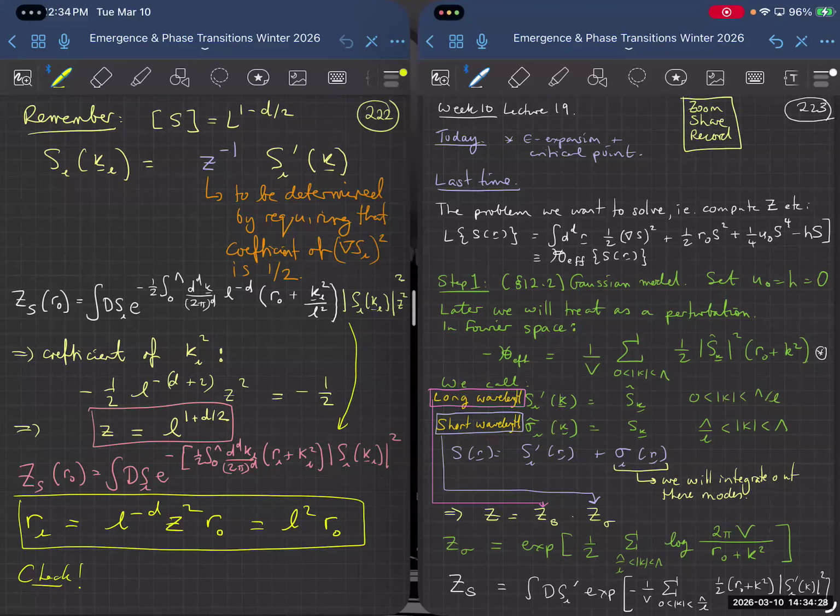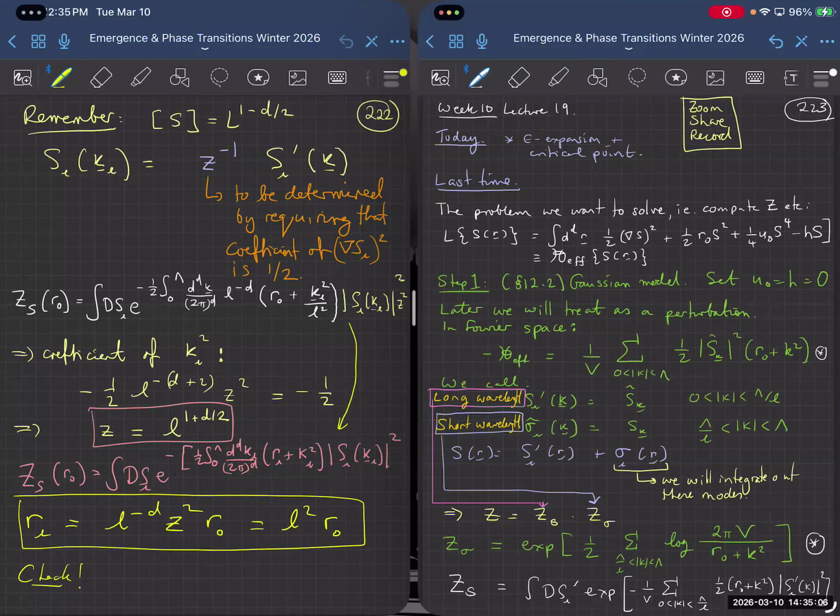What we're going to do is integrate out the short wavelength degrees of freedom. We're calling those sigma, just like we did before. When we do that, the Hamiltonian is going to be additive, and therefore the partition function is going to be the product of a partition function for the long wavelength, Z_s, and a partition function for the short wavelength, Z_sigma. When we do the integral for Z_sigma, you get this quantity e to the one half times the sum over the high wavelength k modes of this logarithmic function of k.